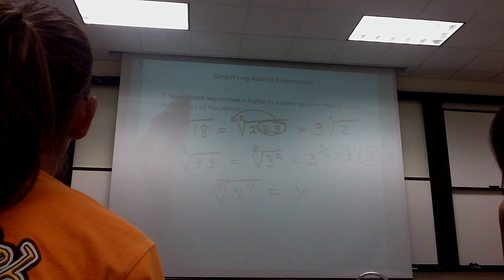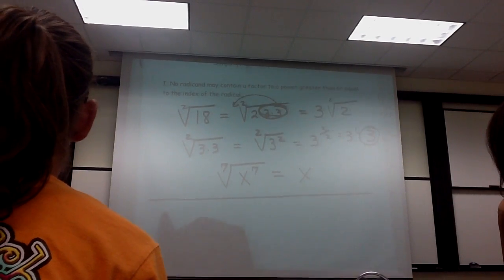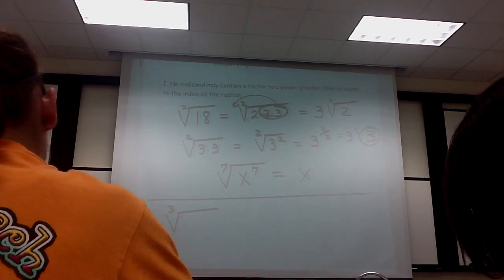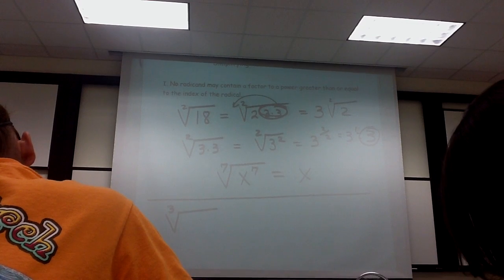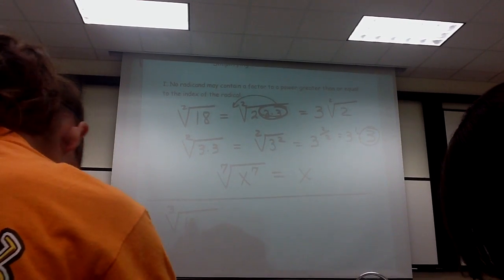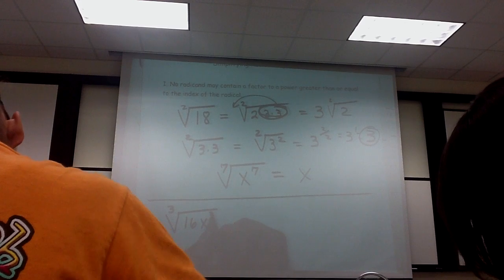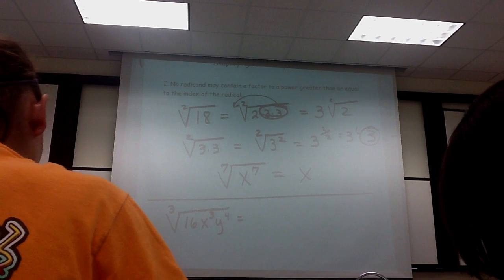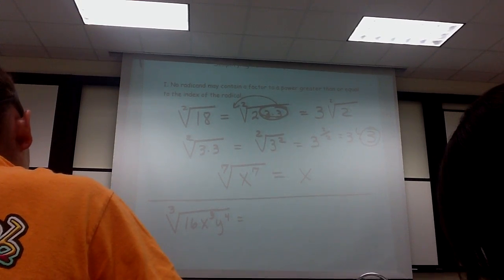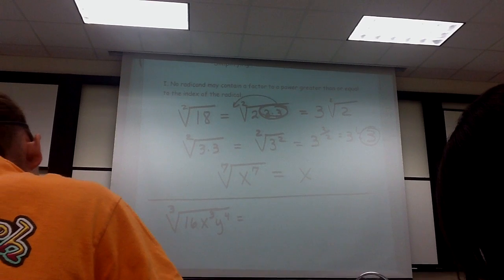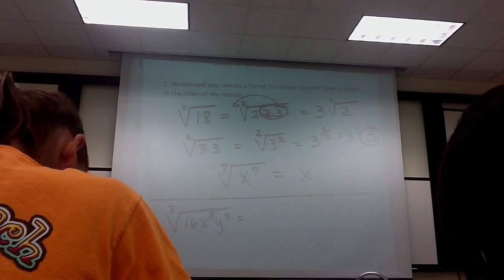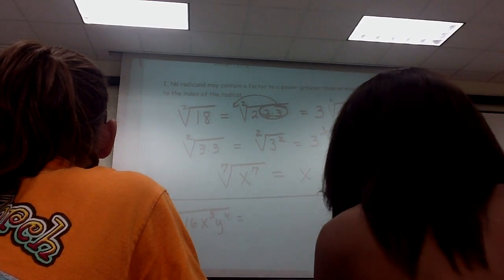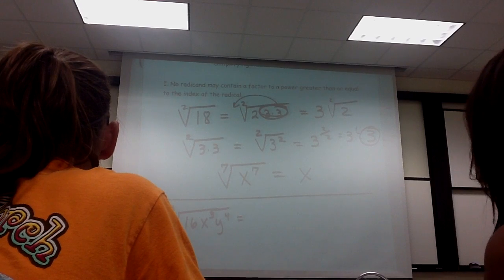Let's look at another example of number 1 here. Let's do something besides a square root. How about a cube root? Oh, by the way, this index says I'm looking for a factor to show up how many times before I simplify? 3.